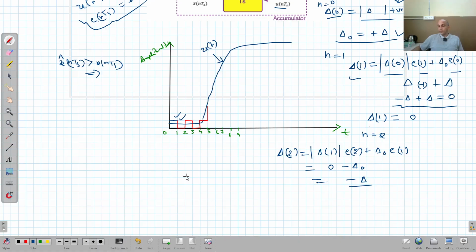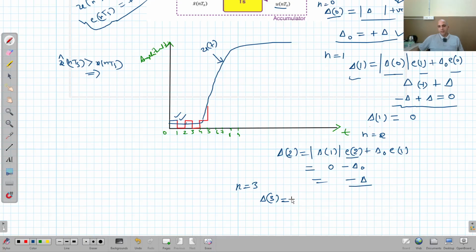For the next step, you will have delta 3. So for n is equal to 3, now you will have delta 3. Here I didn't take E2 into consideration because delta 1 is equal to 0, so this term already becomes 0. Otherwise, if you look at this point, the error signal is higher than this, so obviously E2 is positive.